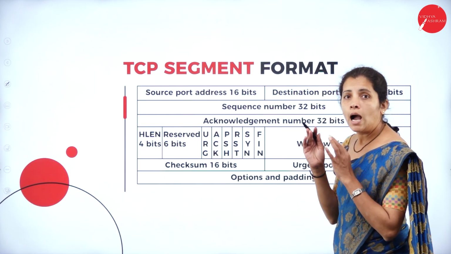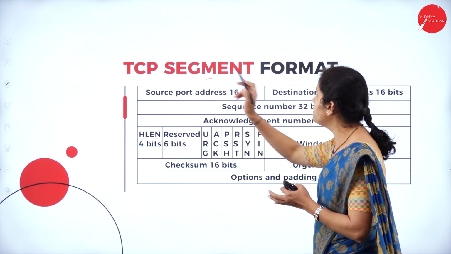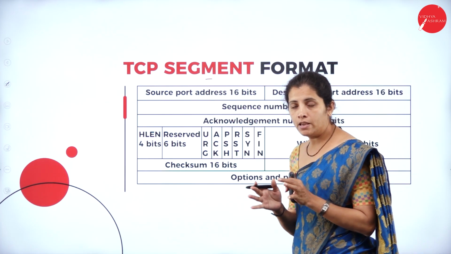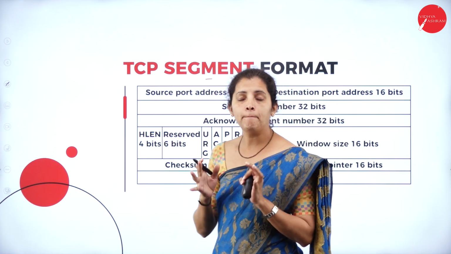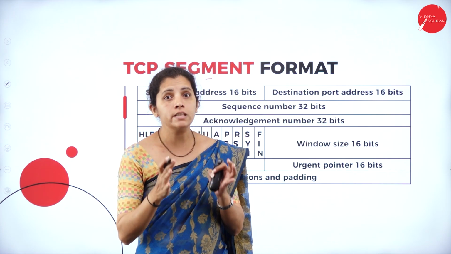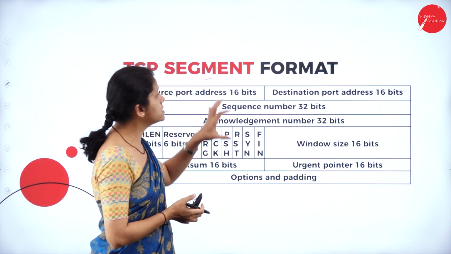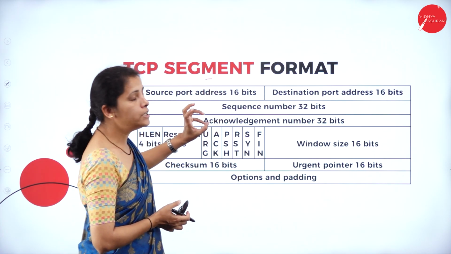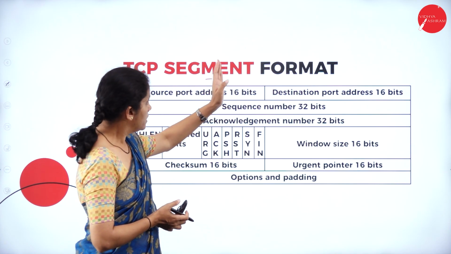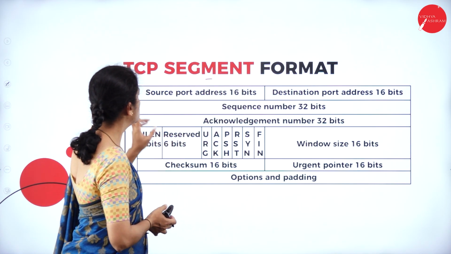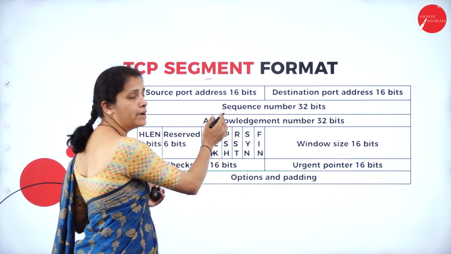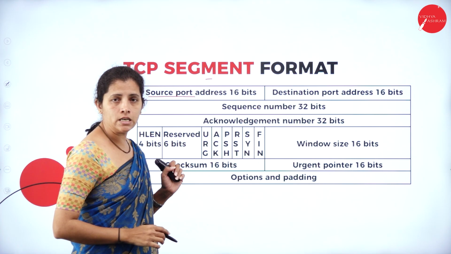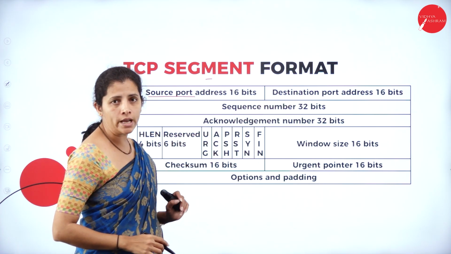Now I'm going to show the segment format. So in TCP we consider the packet as the segment, and this is the segment format. See here, the 32 bits are categorized into two different parts, that is the source port address and the destination port address.